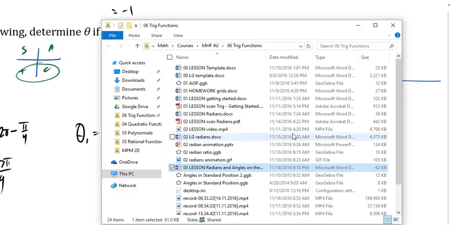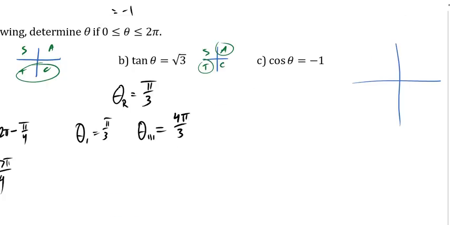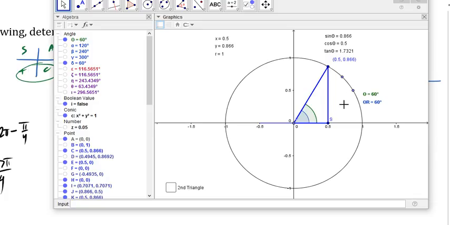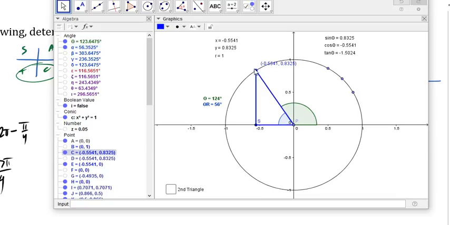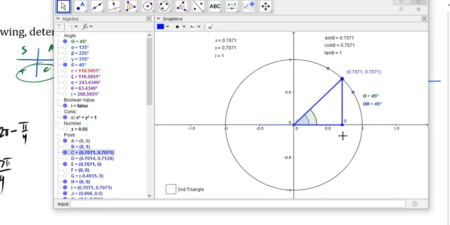Cosine theta equals negative 1. What does it mean for cosine theta to equal -1? Okay, so here's my related angle. This blue one. Cosine is adjacent, or x, right? Cosine is x over r.